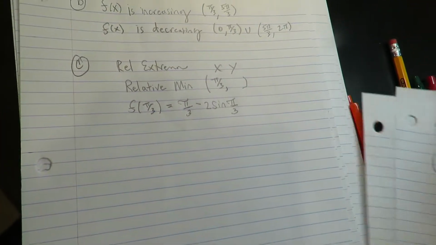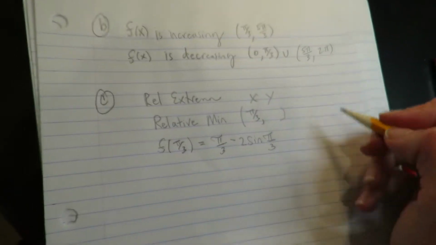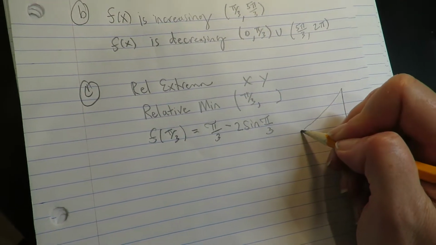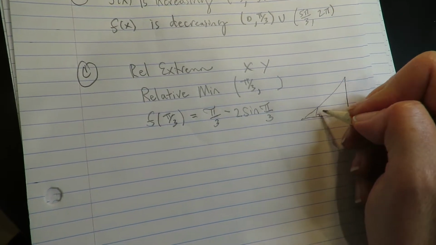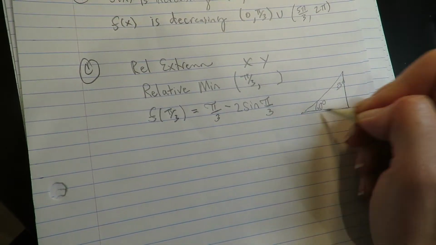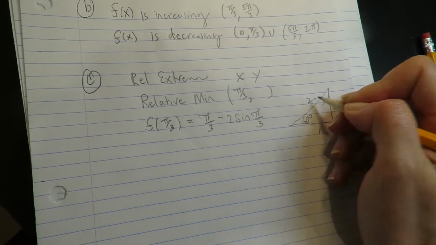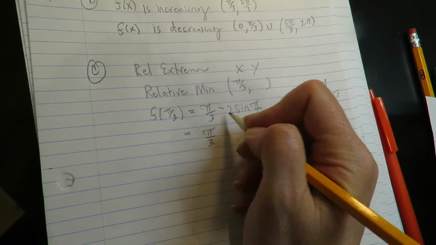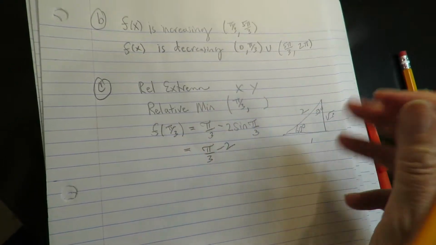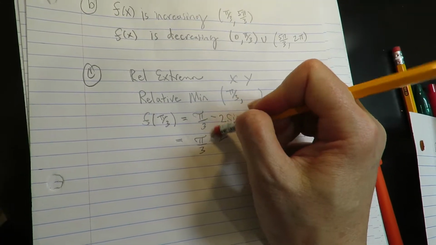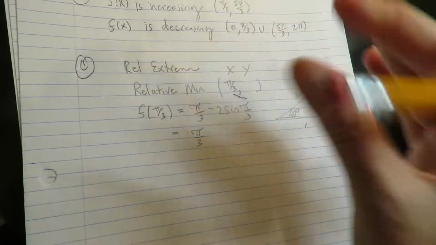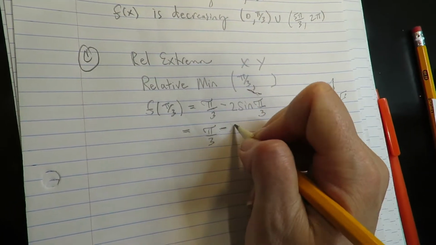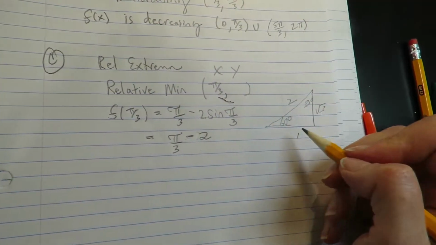All right, let me just do it now so I can be consistent. Yeah, I love my triangles. Okay, here we go. 60 degrees, 30 degrees, radical 3, 1, 2. So this is going to be pi over 3 minus 2 times the sine of pi over 3.